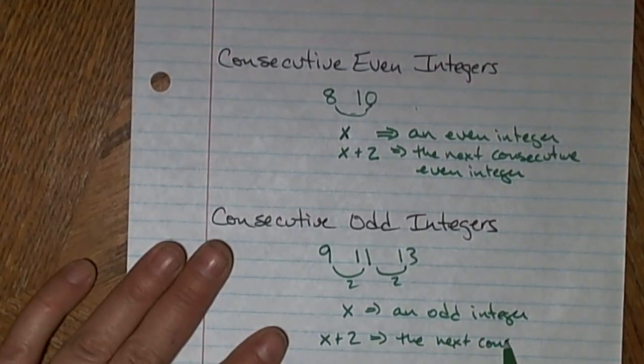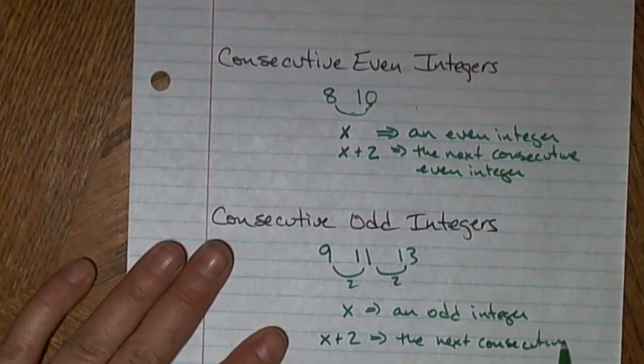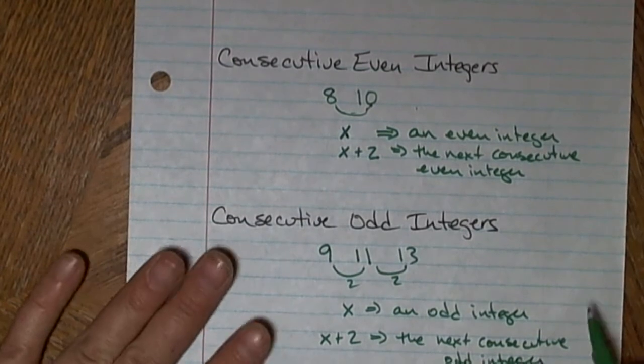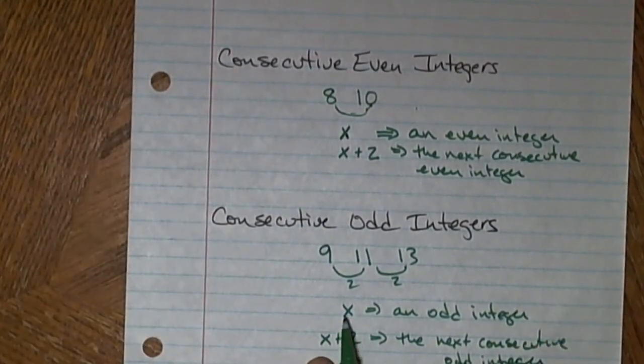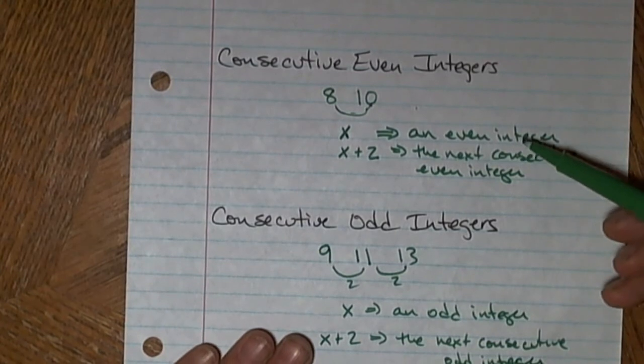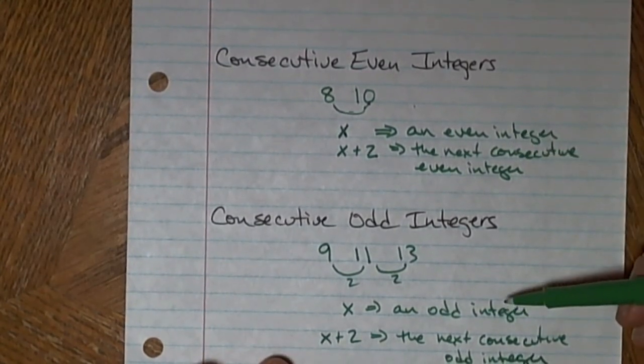So it doesn't matter if I'm talking about even integers or odd integers. Once I have one, the next consecutive one will go up by 2. So it just depends on the problem I have, whether I'm working with even integers or odd.